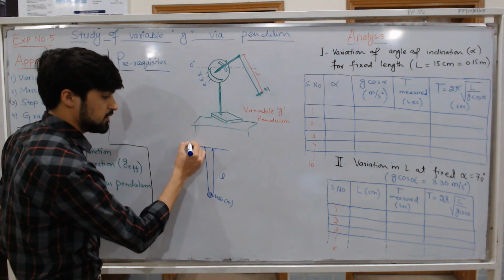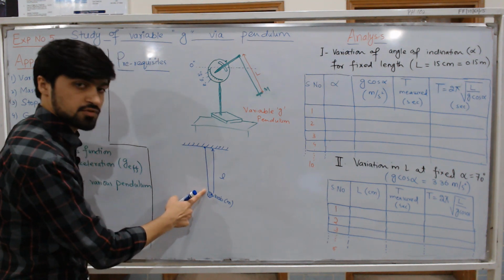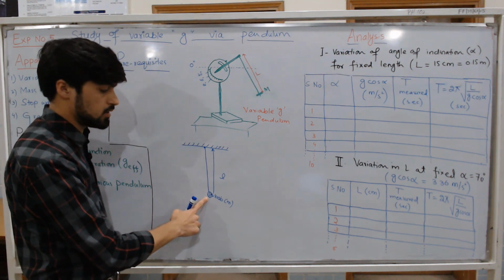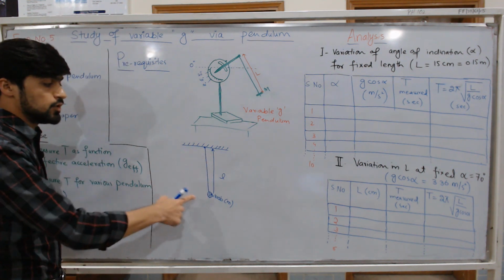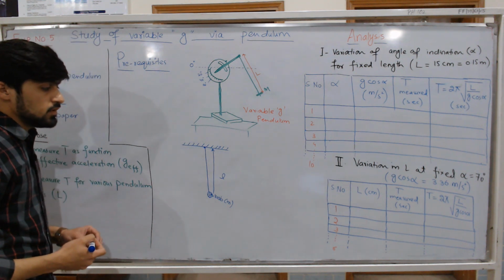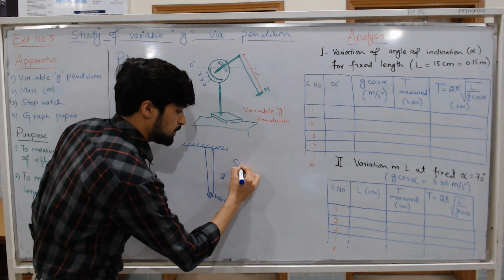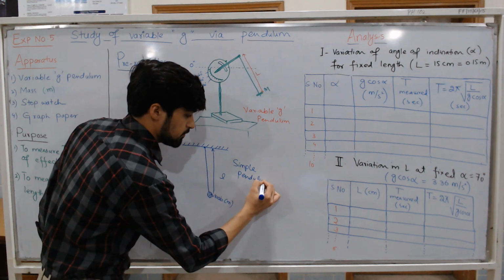So if this is the fixed part, this is the length of the string, and this is the bob of mass m, we call this a simple pendulum.